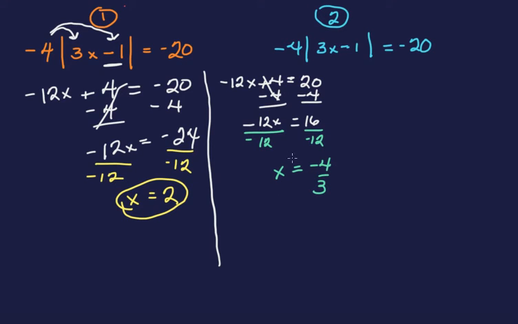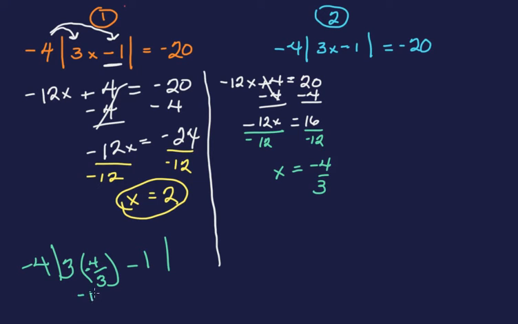And if I plug this in, believe it or not, I'm going to do the math down here. 3 times negative 4 thirds minus 1, take that absolute value, and then multiply that by 4. So 3 times negative 4 is negative 12.